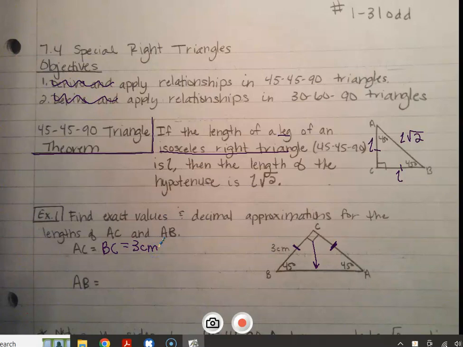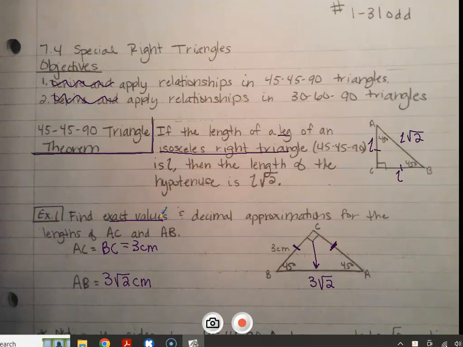Now AB is that hypotenuse. So AB is going to be equal to the length times the square root of 2. So the length of your leg, remember, is 3, so this is going to be 3 times the square root of 2. That's it. AB is equal to 3 times the square root of 2 centimeters, which is the exact value.